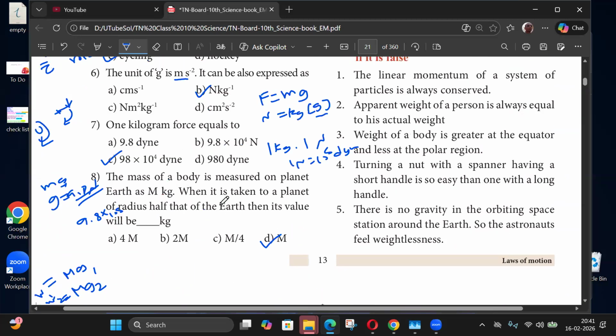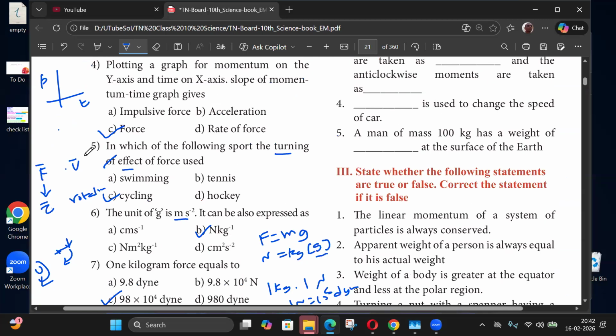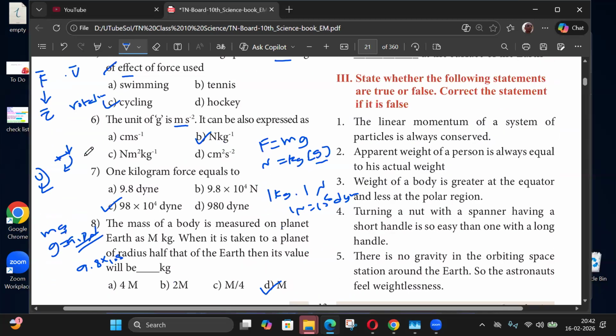Okay, any other specific question? What about this one? Linear momentum of a system of particles is always conserved. True or false?